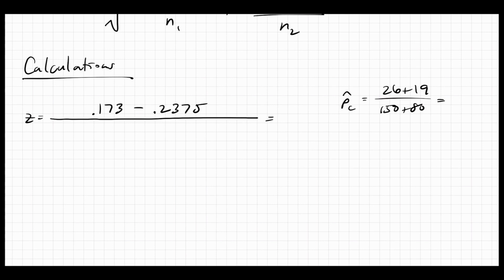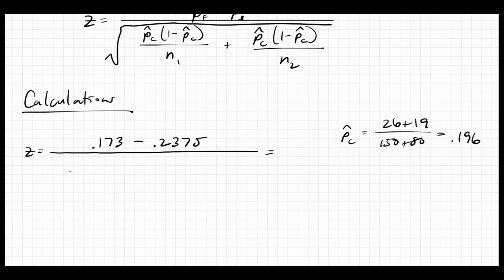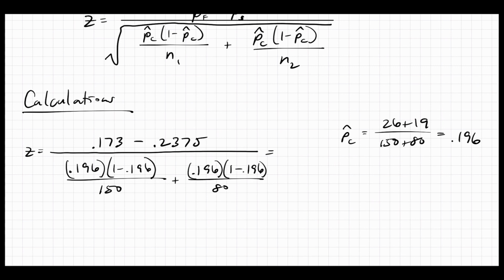So I get 45 on top and 230 on the bottom, which makes a pooled p of 0.196. That's the number I'm going to use. 1 minus 0.196 over n1, which was 150, plus 0.196 times 1 minus 0.196 over 80.